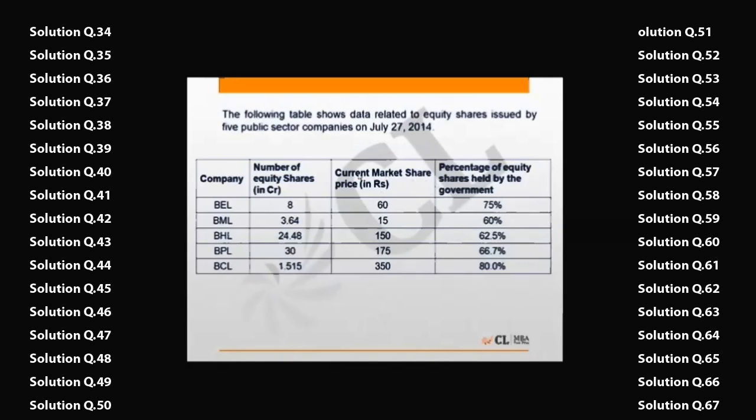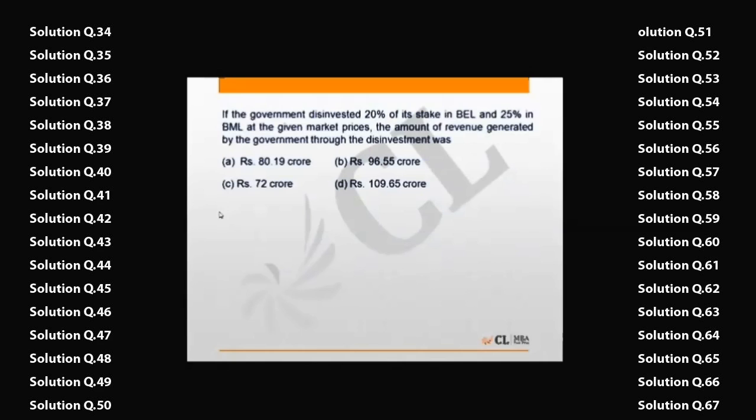In this question, we have got the stakes of the government in 5 different companies whose number of equity shares is given in this column, and the market price as on July 27th is given in the third column here. Now, the government has decided to disinvest 20% in BEL and 25% in BML.